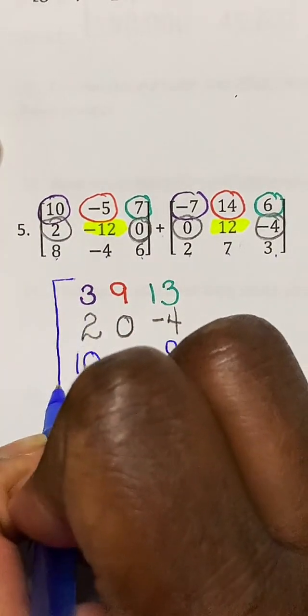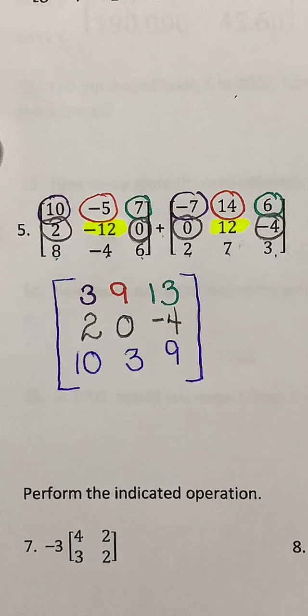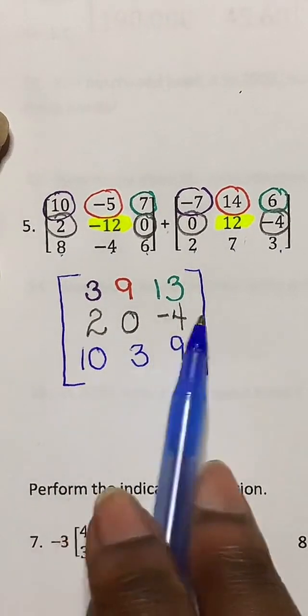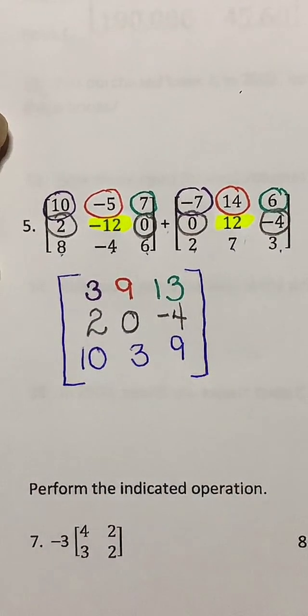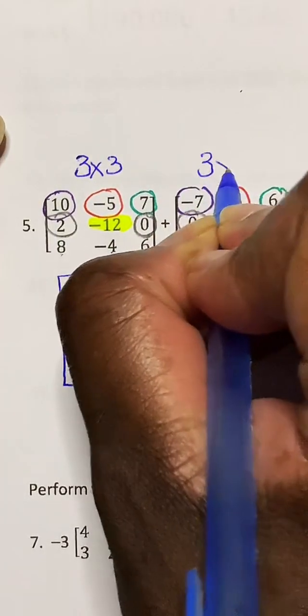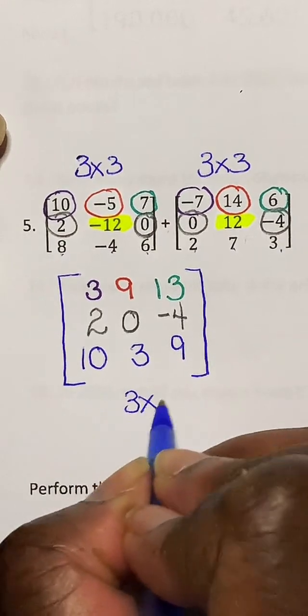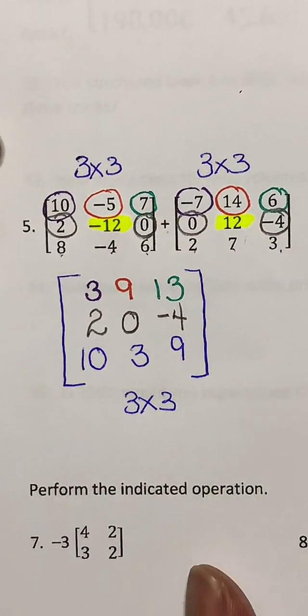So this is my answer matrix. I knew I was going to have a 3-row, 3-column matrix because this was a 3 by 3. So my answer had to be a 3 by 3.